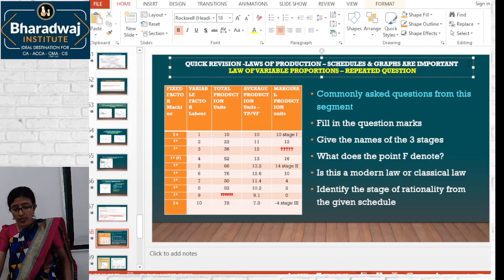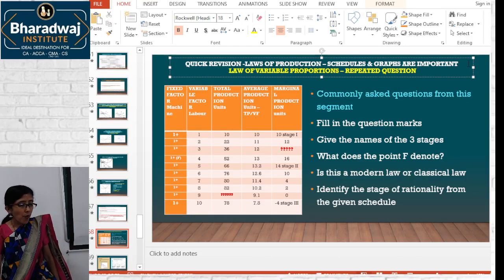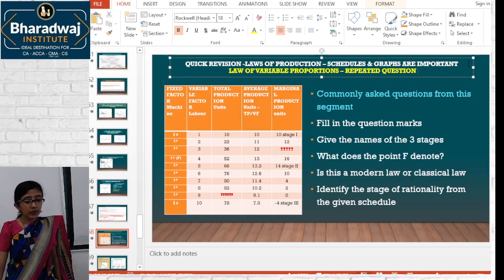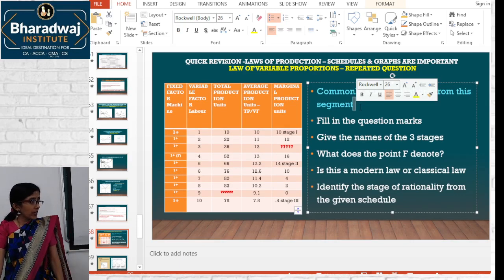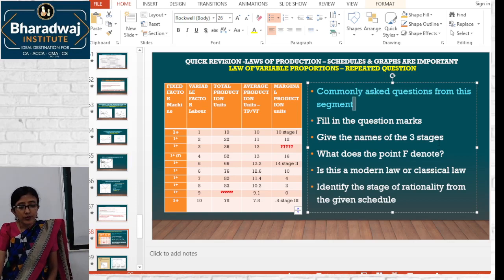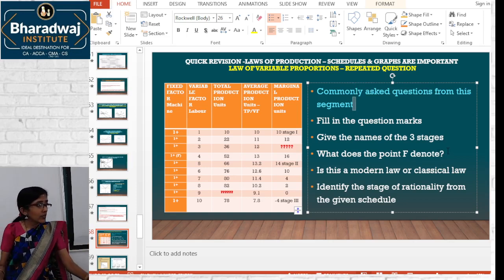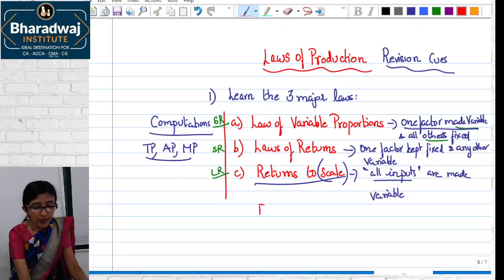Answer the following questions. Yes, increasing returns stage, diminishing returns, and negative returns. Good. Then point of inflection. Are you sure? Inflection. F. Point of inflection.